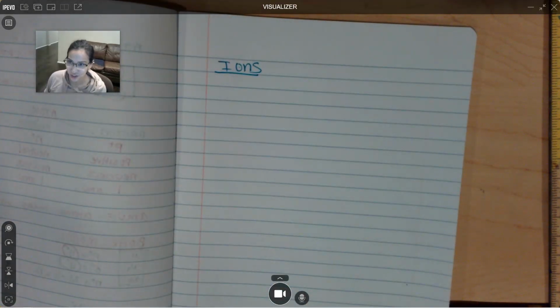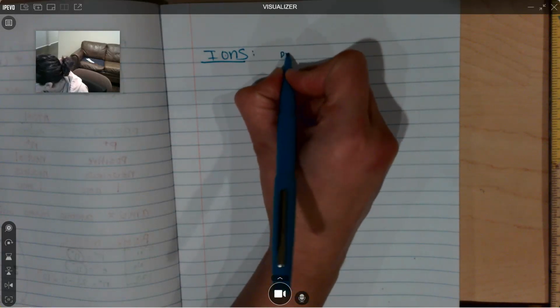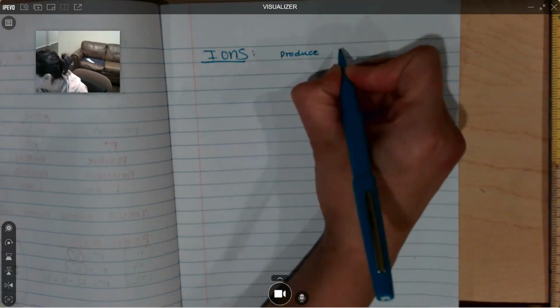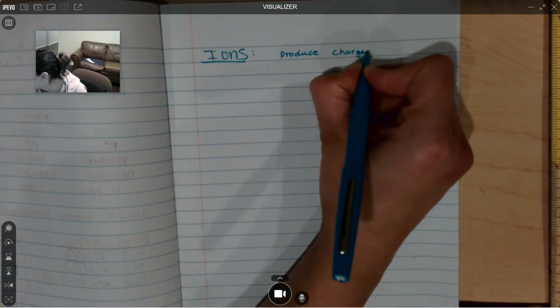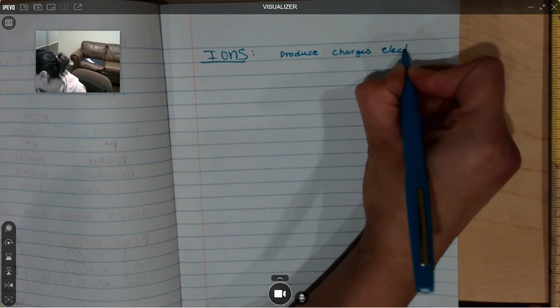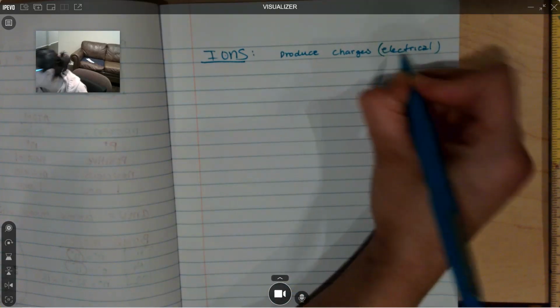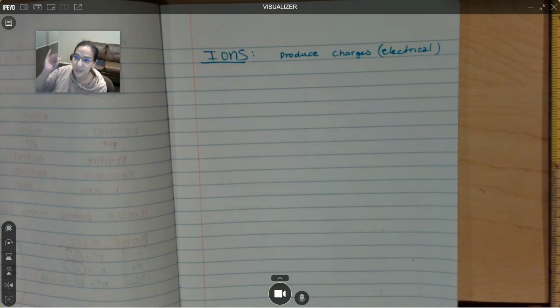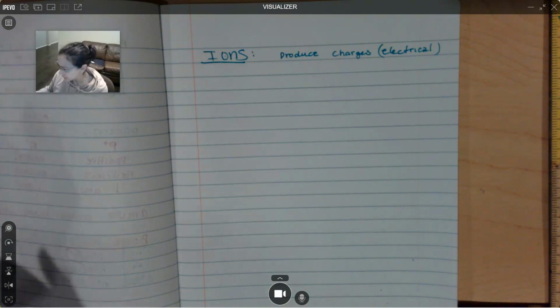Ions produce charges. Ions or ionic structures produce electrical charges. So this is like your batteries, right? You have the south and you have the north pole, those kinds of things.